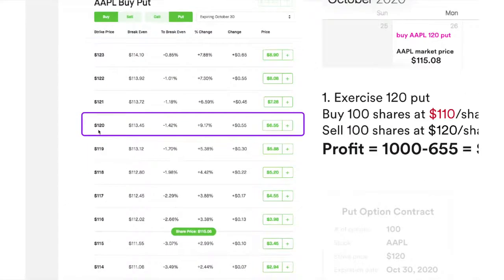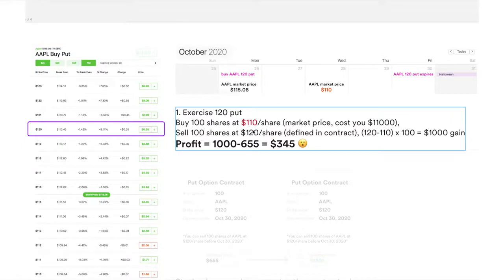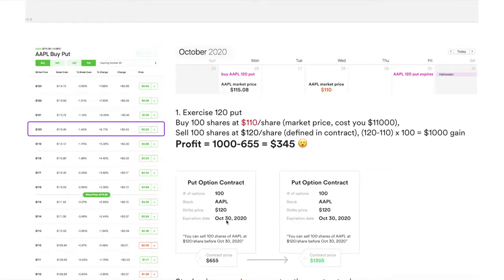So first, you buy 100 shares from the market at 110. That's the market price. And then you can sell 100 shares at 120, which is defined in the contract actually, right? So you can profit the difference, and the actual net profit that you will have will be 1,000, the gain, minus the 655 that you pay for this put option, which nets to be 345.